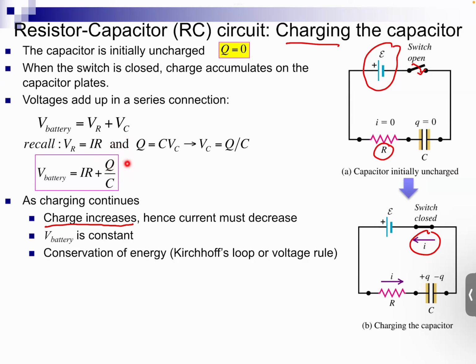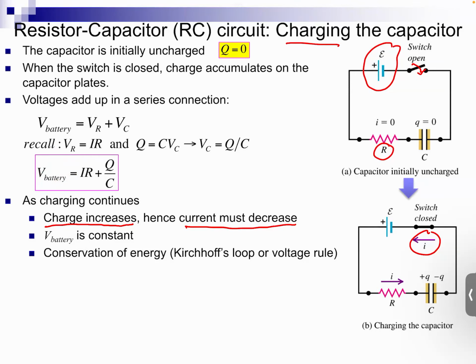And in order to conserve this relationship, if Q increases, therefore the current, which is the first term here, needs to decrease, in order to keep the value of the voltage across the battery constant.